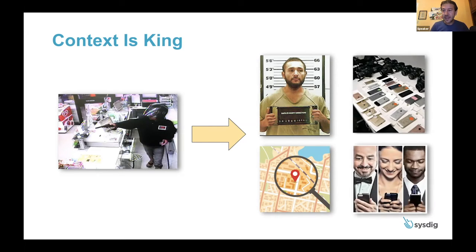Maybe the names and the addresses of people who owned the stuff that was stolen. How easy would it be to solve this issue and essentially return the stolen stuff if you had all of this information instead of just the security camera information?